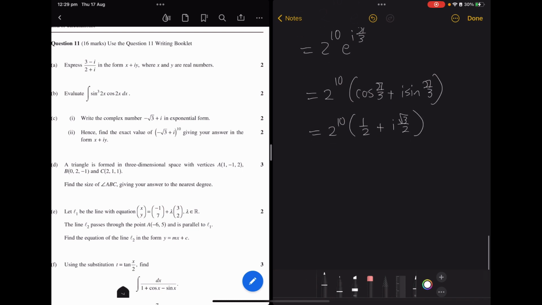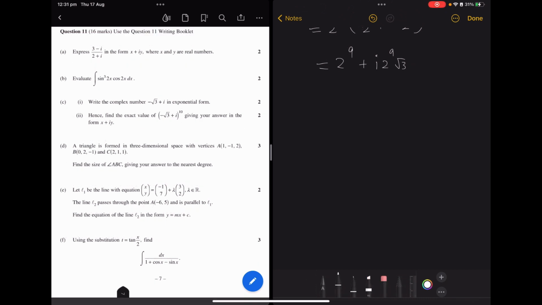If you times it out, 2 to the power of 10 divided by 2 is 2 to the power of 9, plus i times root 3 over 2 times 2 to the power of 10 is i times 2 to the 9 times root 3. And that will be it for part II and part C in general.